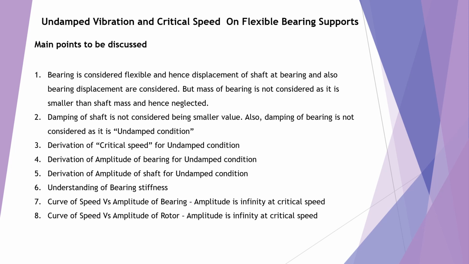Then derivation of critical speeds, derivation of amplitude of bearing, derivation of amplitude of shaft, understanding of bearing stiffness, and then the curve of speed versus amplitude for bearing as well as rotor, and the amplitude is infinite at critical speed. So these are the points to be discussed in the coming slides.